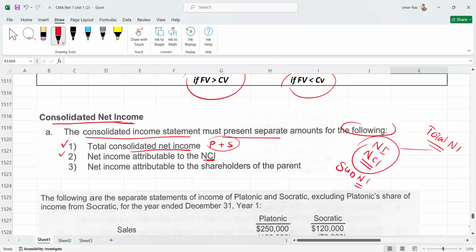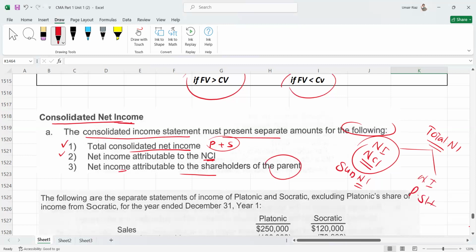Because the subsidiary will have non-controlling interest. So we have to say how much portion of the subsidiary net income will go to NCI, and how much portion will go as net income attributable to the shareholders of the parent. So these three figures you have to show.